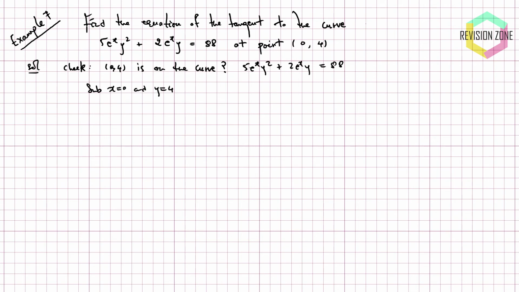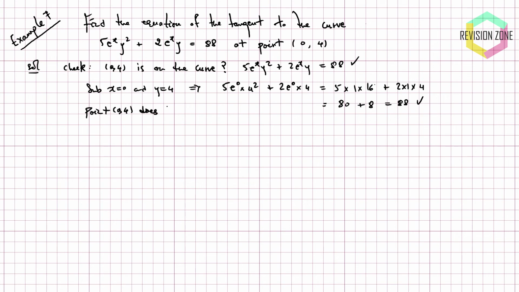We can say 5e to the 0 times 4 squared plus 2e to the 0 times 4, which is the same thing as 5 times 1 times 16 plus 2 times 1 times 4, which of course 5 times 16, well 5 times 10 is 50, and then 5 times 6 is 30, and 50 add 30 is 80, and 2 times 4 is of course 8, which gives me 88, which is precisely what we have on the right hand side of the equation of our curve. So (0, 4) does lie on our curve.